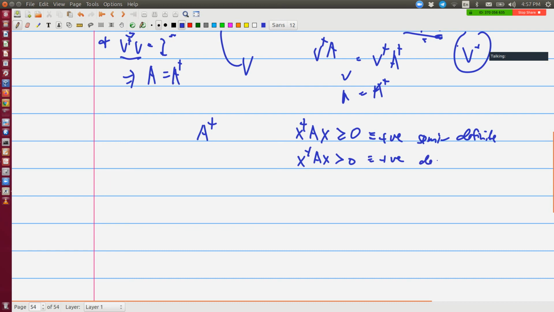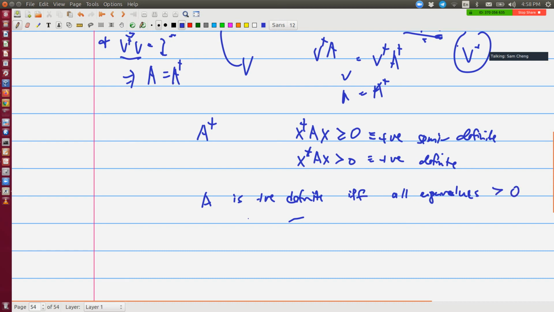That depends on A. If it can be 0, then it's semi-positive definite. So now, since we can diagonalize A, A is positive definite if and only if all eigenvalues are bigger than 0.